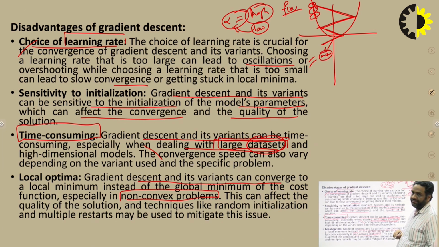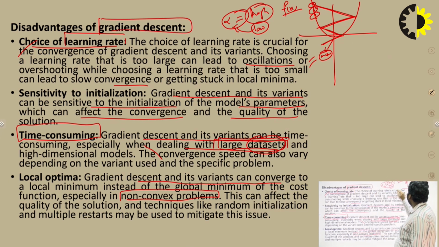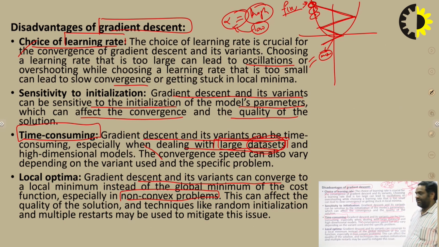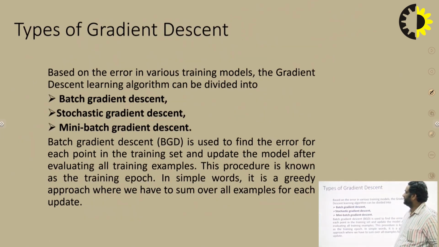But when we want to find the minimum point, this is not a good algorithm. Since we start with any random point, suppose we are starting with this one, at every iteration it will give a new point, or we can say new minima, which will be a local minima, not the global minima. So this is also a disadvantage of gradient descent.